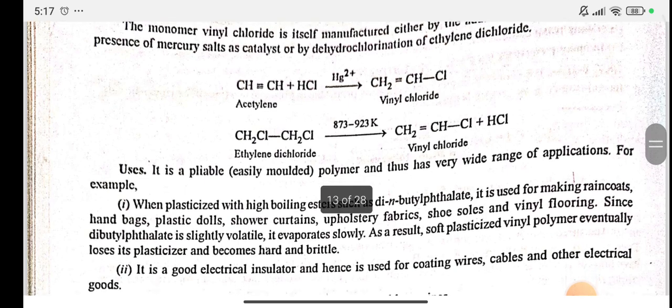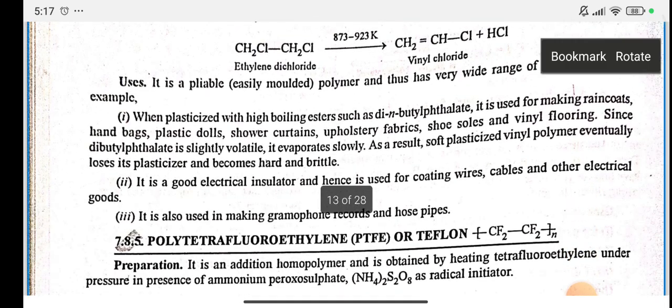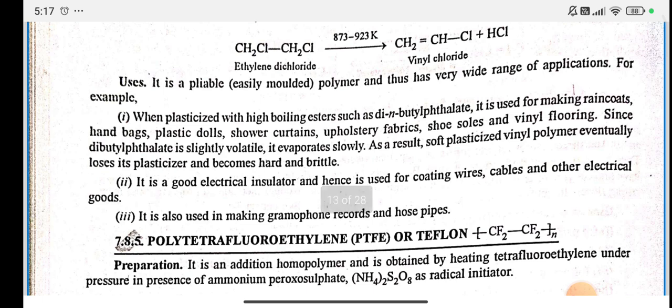Uses: it is a pliable polymer and thus has a very wide range of applications. For example, when plasticized with high boiling esters such as dibutyl phthalate, it is used for making raincoats, handbags, plastic dolls, shower curtains, upholstery fabric, shoe soles, and vinyl flooring.